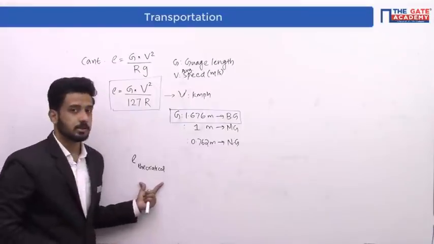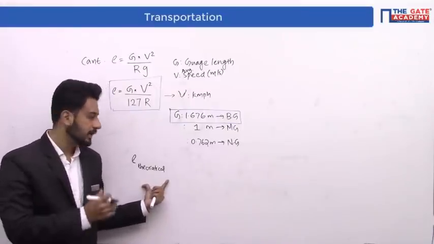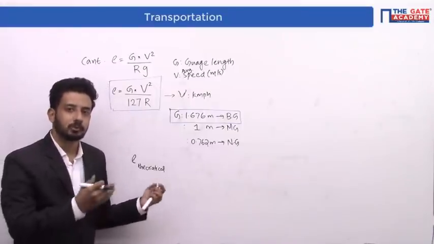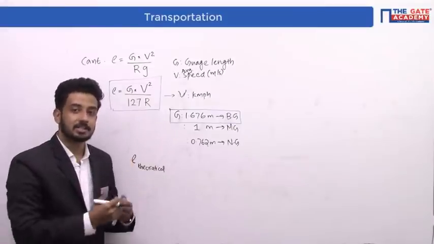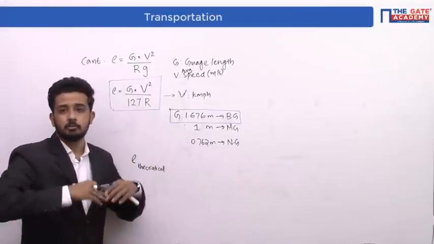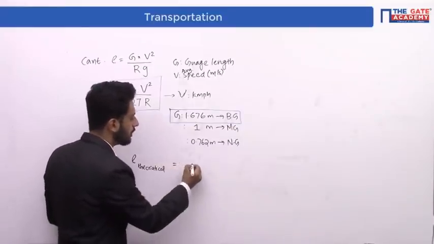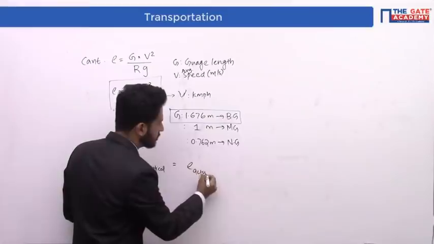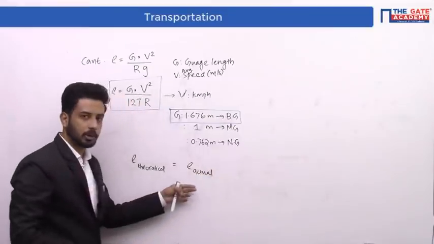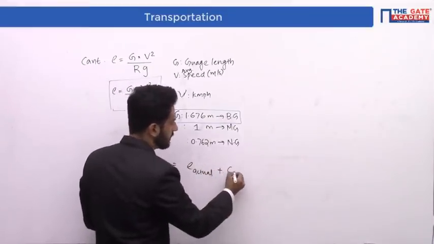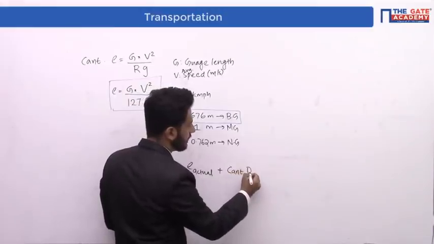This is not the actual value we are providing, it is the theoretical value which may be needed for maximum speed of train. It is equal to what? The actual super elevation we provided plus the cant deficiency.